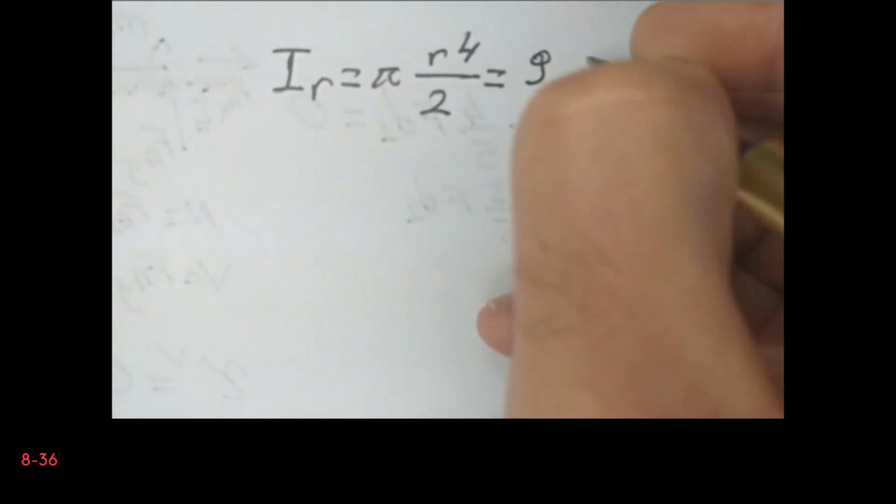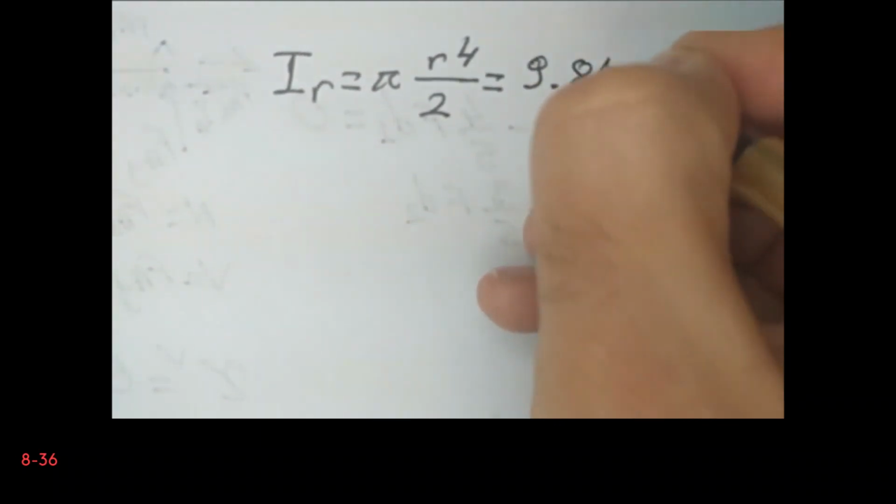If you put the values, what you are going to get is .817 times 10 to the power minus 10 meter to the power 4.